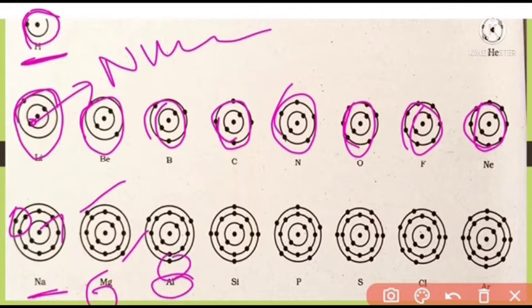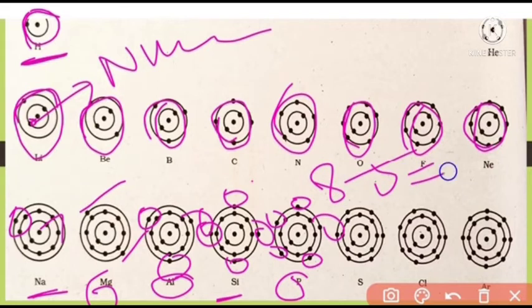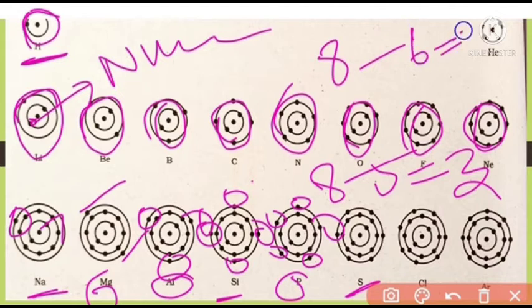Aluminum contains 3 electrons in its last valence shell, so valency 3. Silicon's last shell contains 4 electrons. Phosphorus's last shell contains 5 electrons, and 5 subtracted from 8 gives 3, which is also one of its valencies. Then sulfur has 6 electrons, subtracted from 8, so its valency is 2, a stable valency.